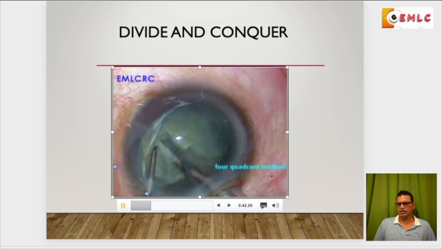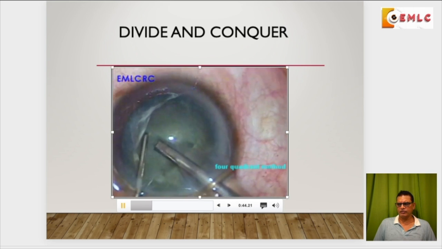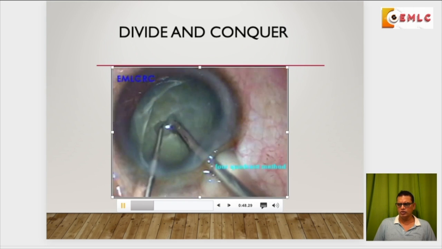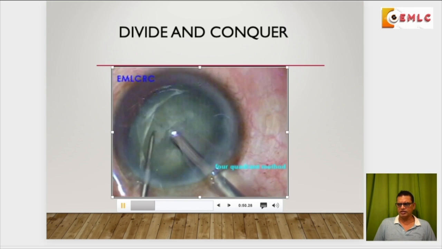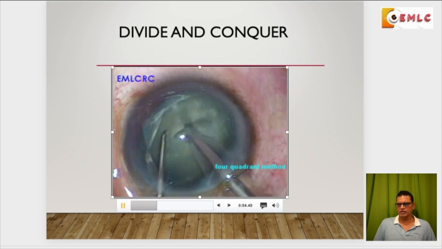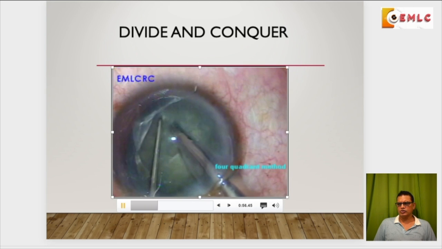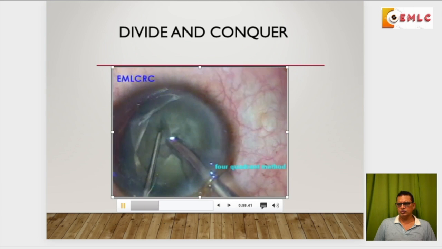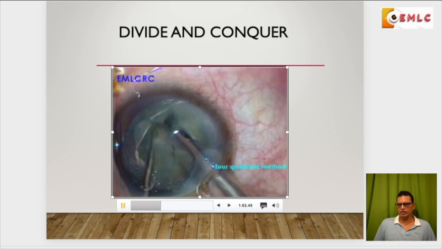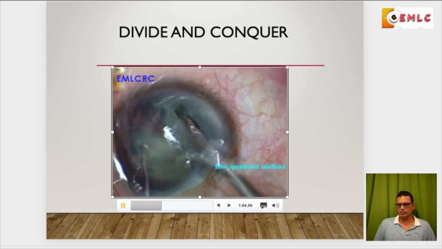That is also deep enough. How to know it's deep enough? You start seeing the glow from below. The reddish glow can be seen from the center of the tense part of the nucleus. Now, as you do these four trenches, now you can see that I am cracking the nucleus here.